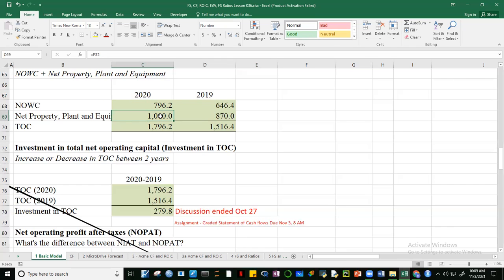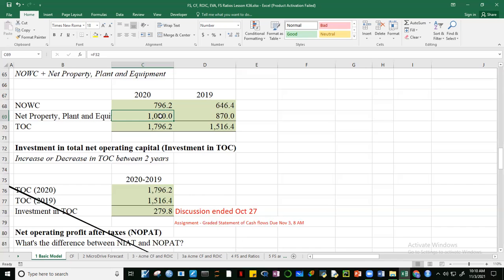And what's the signal for that? The company does that because they know that they will be needing enhanced equipment, enhanced machinery in order to support their future sales. So that's a signal that the company sees that there will be greater sales in the future. So this is a good indicator, guys.